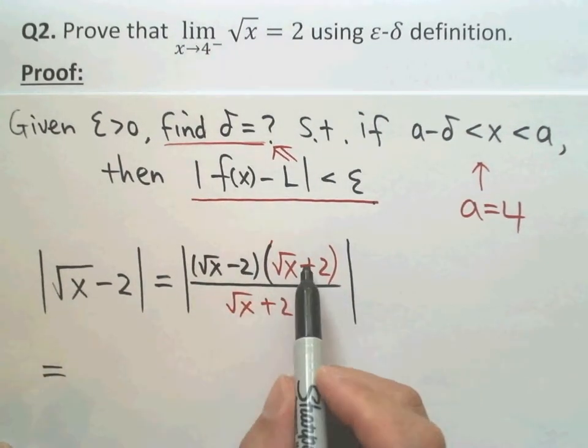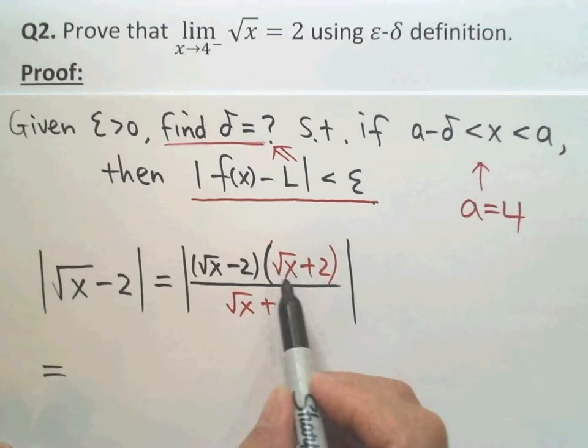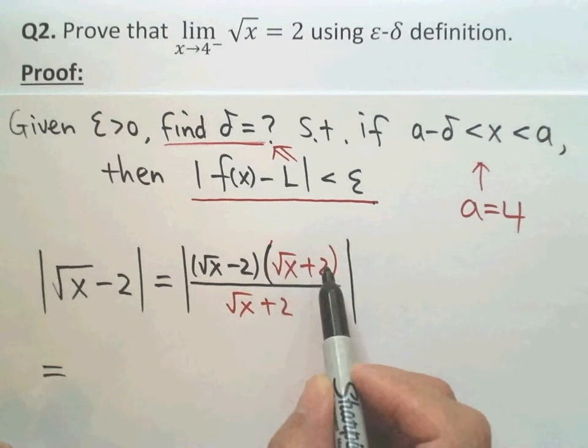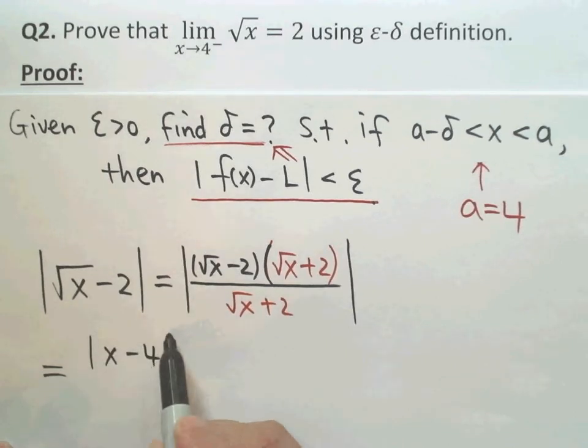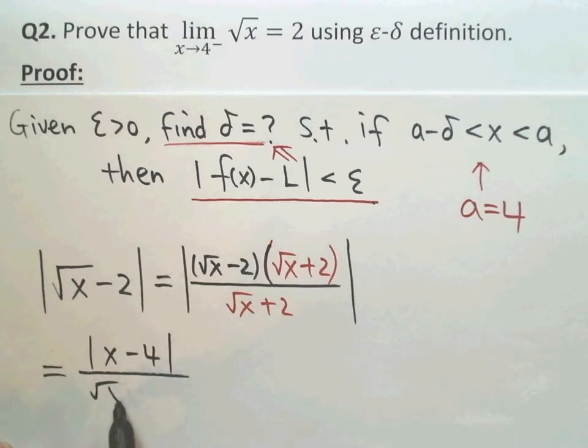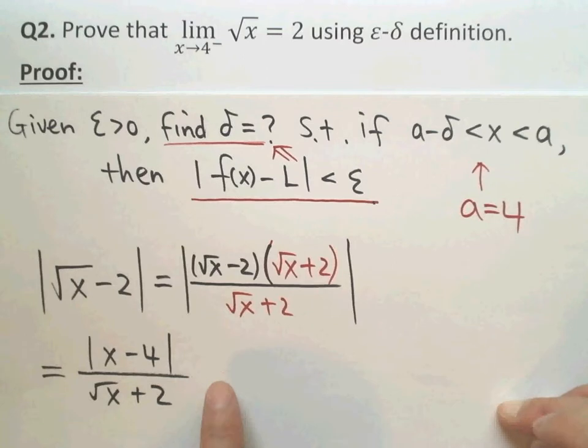The numerator is a difference of squares: the square of the square root of x minus 2 squared, which is 4. So we get x minus 4. Can you see? This is what we need, right? The denominator is still there: square root of x plus 2.